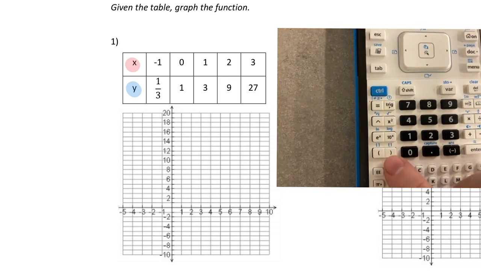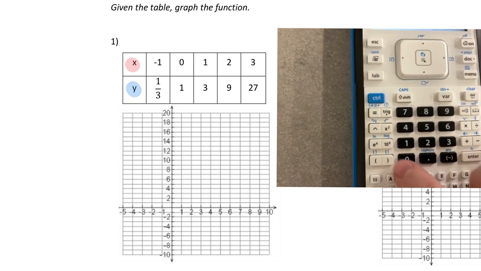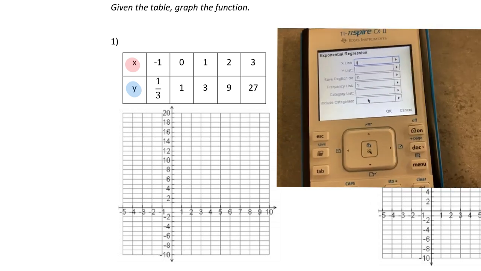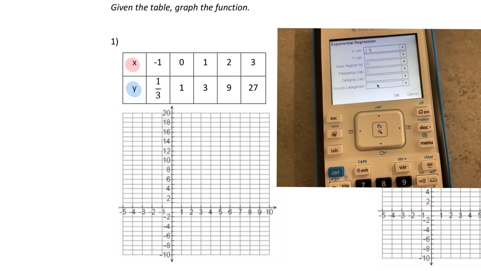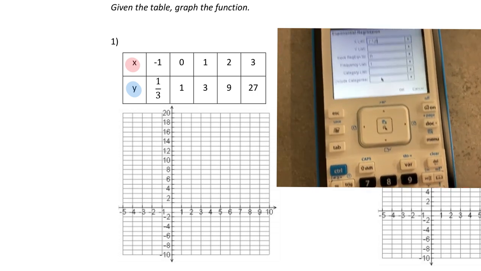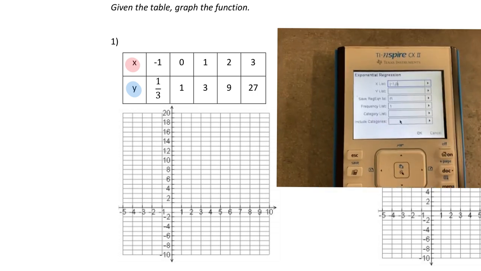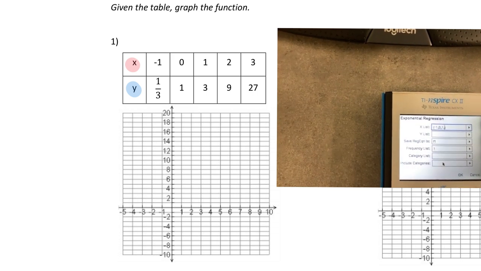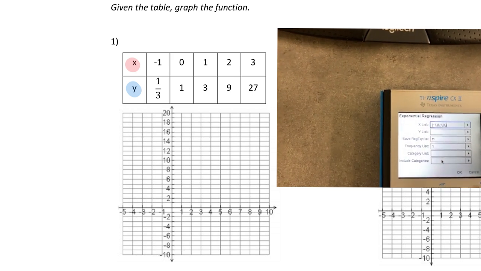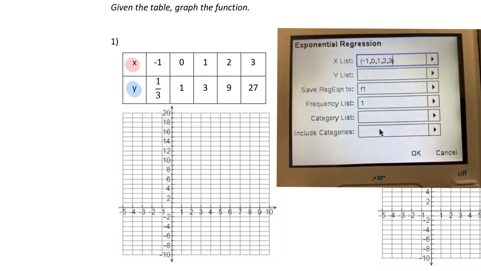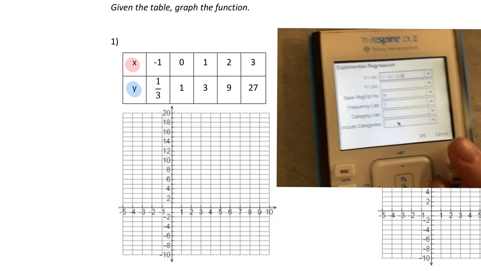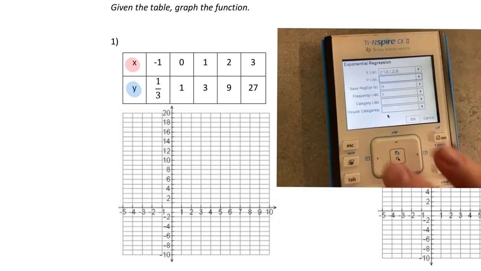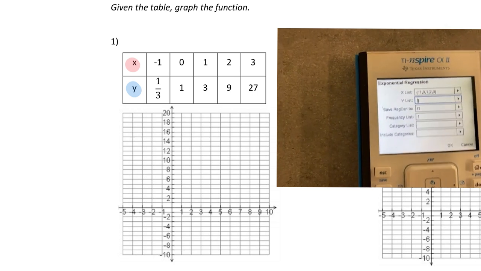Here are the squigglies right here. So Control Squiggly. My X values are -1, 0, 1, 2, 3. Just like that. Move down to my Y values. Again, Control Squiggly.